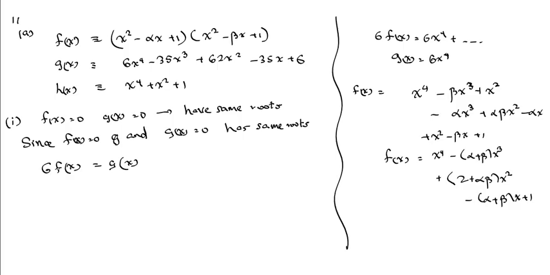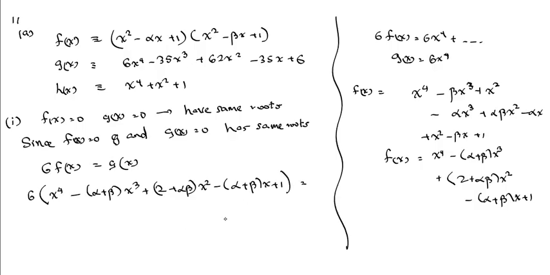Okay, so 6f(x) is going to be 6 times this. So 6 times x to the power 4 minus alpha plus beta x to the power 3 plus 2 alpha beta x to the power 2 minus alpha plus beta x plus 1 equals g(x), which we'll write later.